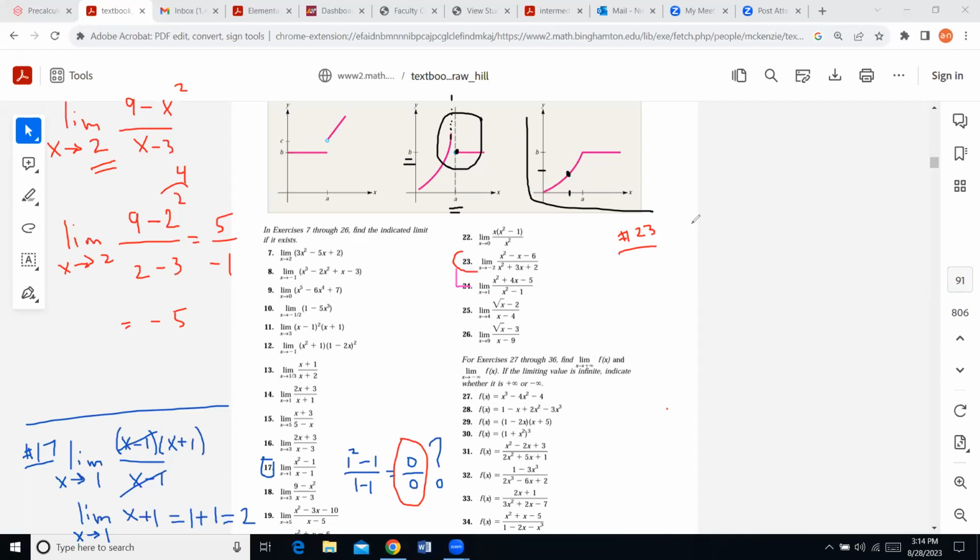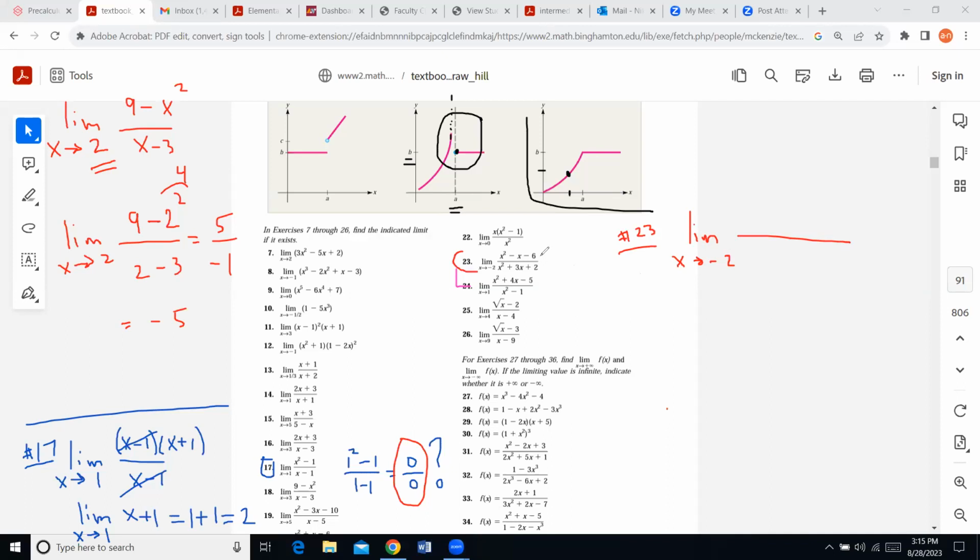This is interesting, right? So we do some new kind of exercises, but it's not really new. It's the same old stuff. You already know how to factor and how to cancel.